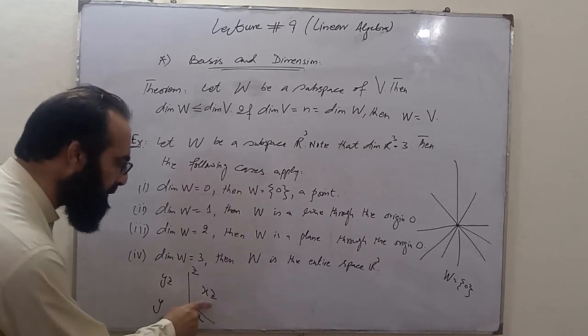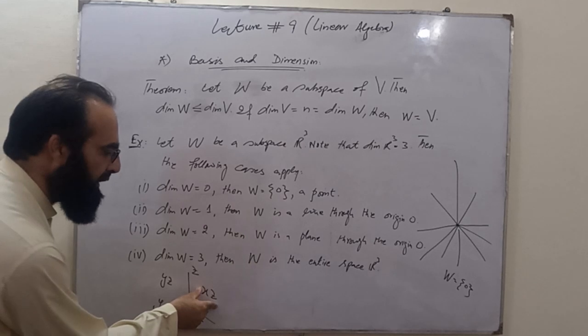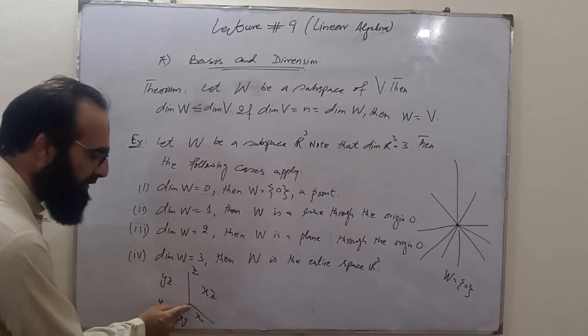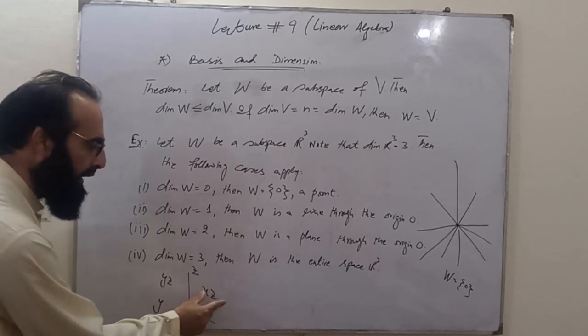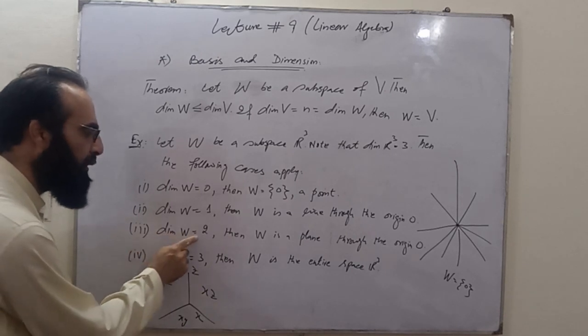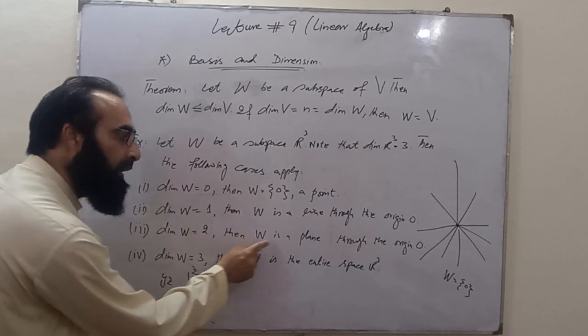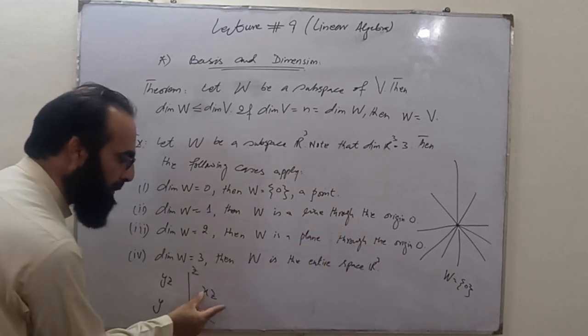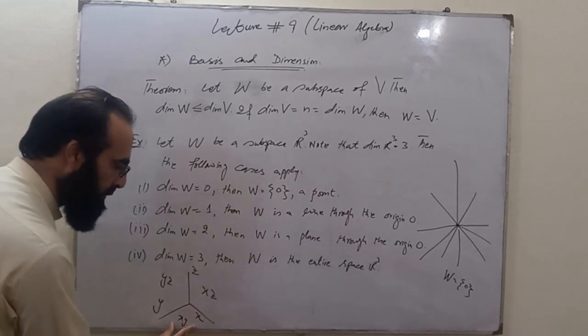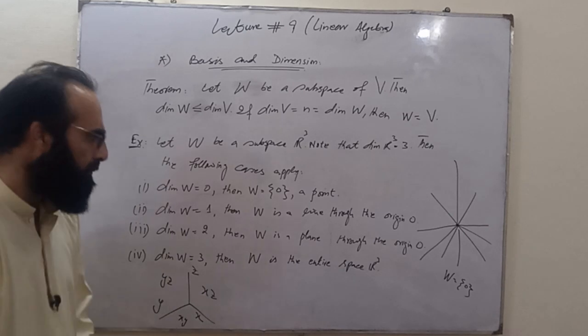Now look at these planes. This xz plane passes through the origin, and in the case of dimension of W equals 2, W is a plane through the origin, represented by this plane or this one.